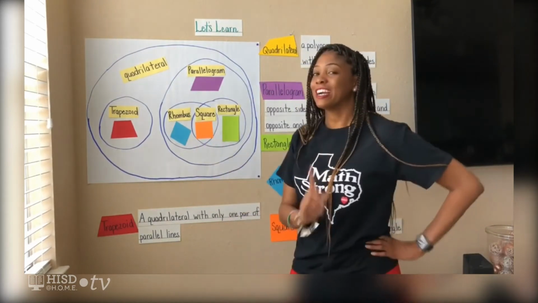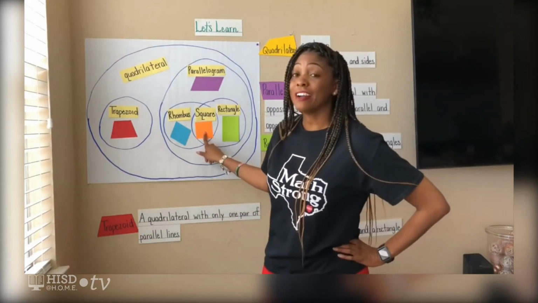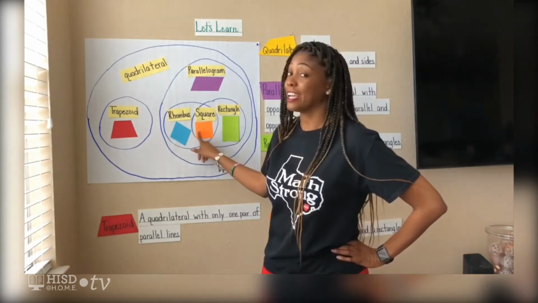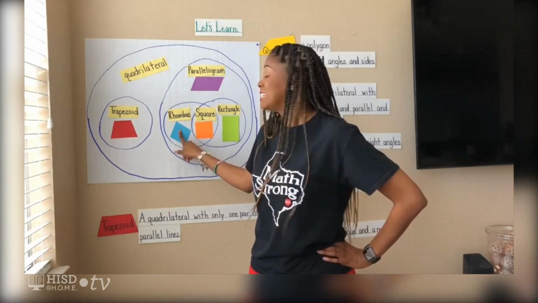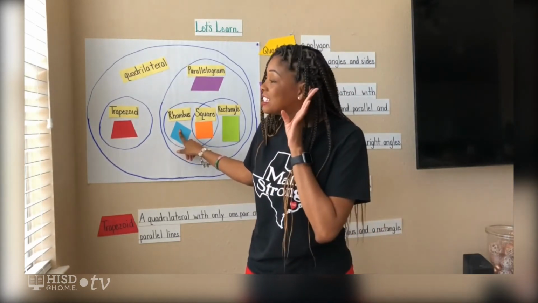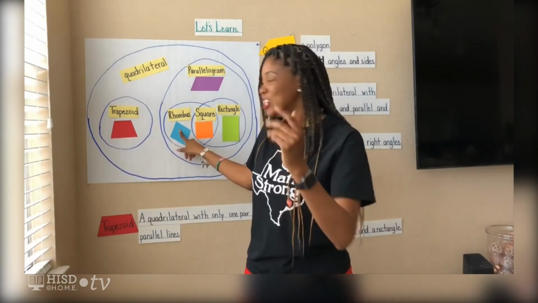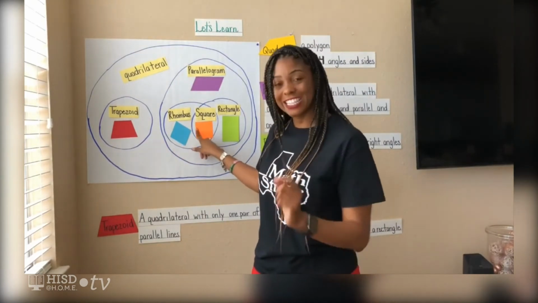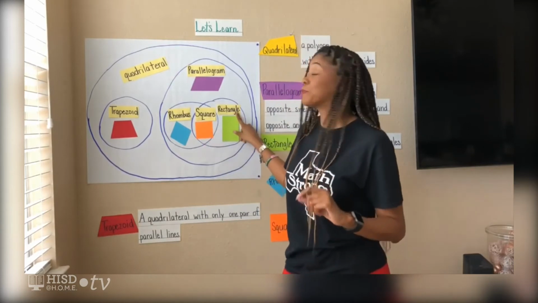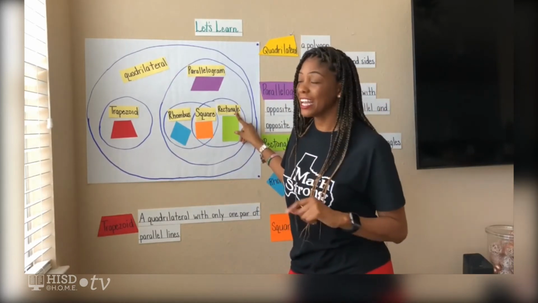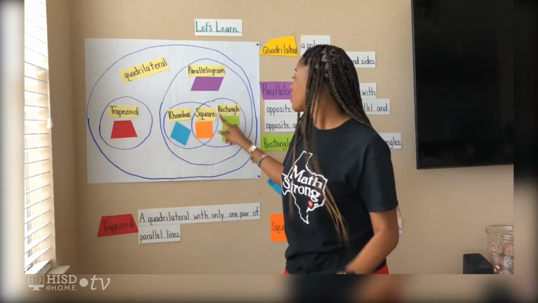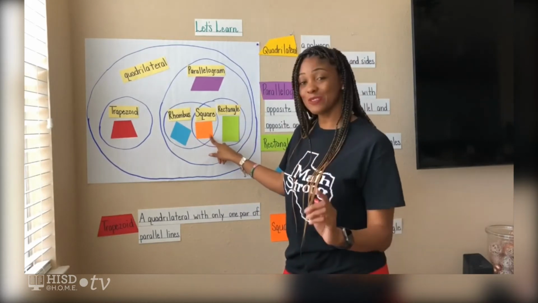But this square, the square can be called a rhombus because it has 4 congruent sides. Yes. And a square can be called a rectangle because it has 4 right angles. That is correct.